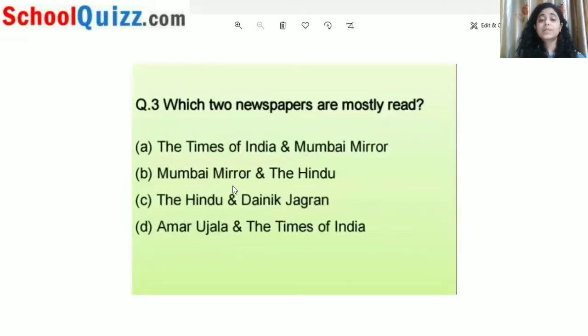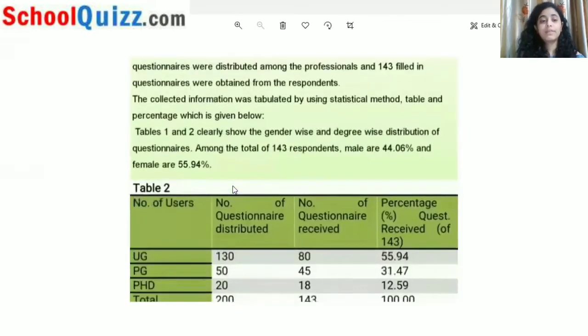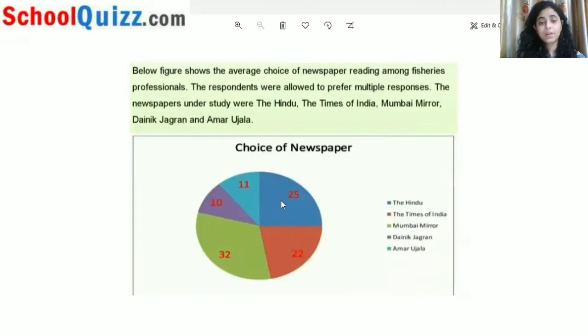Which two newspapers are mostly read? For that we had the chart. 32% is the highest rate given over here. That is green in color. Green in color indicates Mumbai Mirror, right? Then we have 25%, which is dark blue, meaning The Hindu, right?